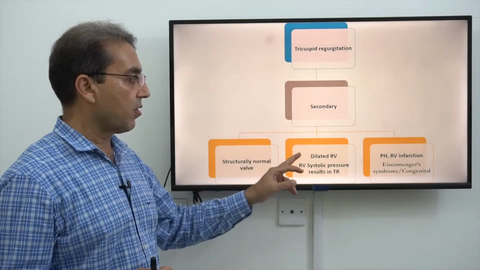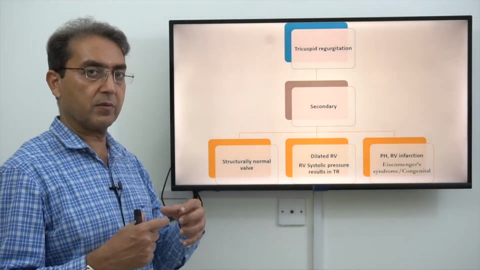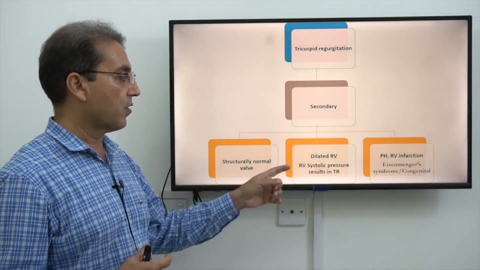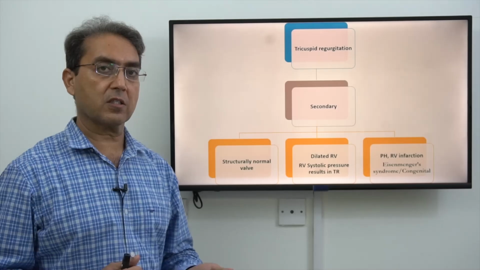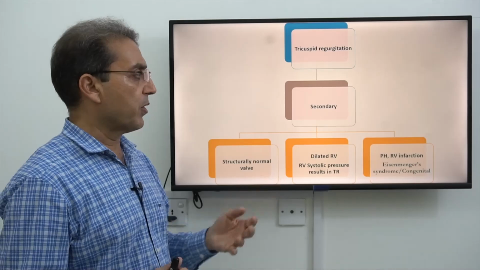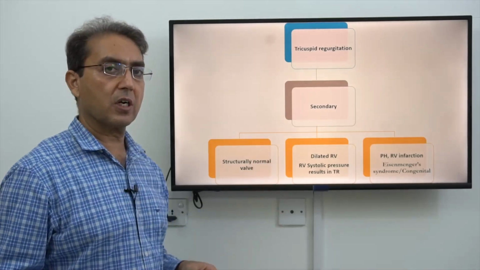The right ventricle is dilated. There may be a dilatation of the ring sometimes, but it's the RV which is predominantly dilated. As the RV systolic pressure rises, it starts causing regurgitation. Pulmonary hypertension, RV infarction, Eisenmenger syndrome, and congenital conditions are other reasons.